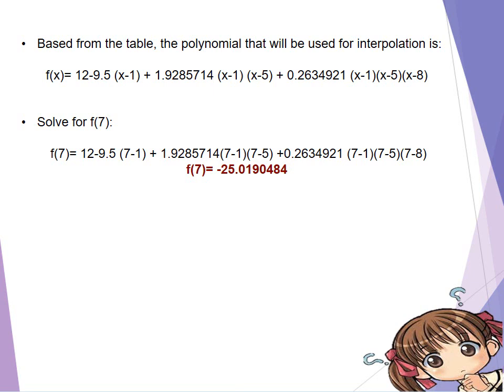So, solving for f of 7, substitute x with 7 and input it in the calculator. The answer is negative 25.0190484. If you look at the last examples, the answers are similar, nearly the same. It is given in 7 decimals so we can see whether the answers are close. So that is the solution for Newton's divided difference method.